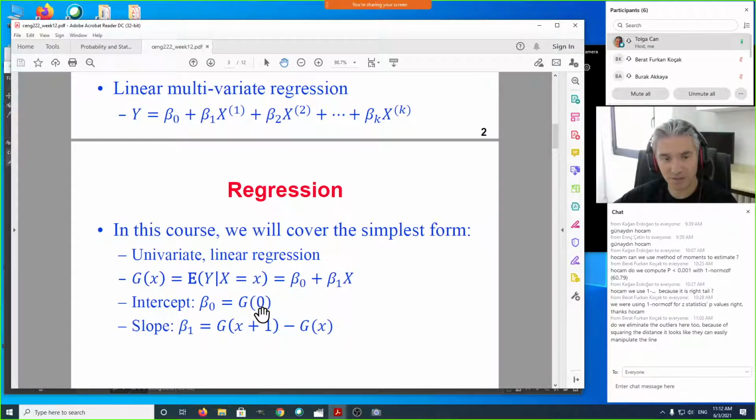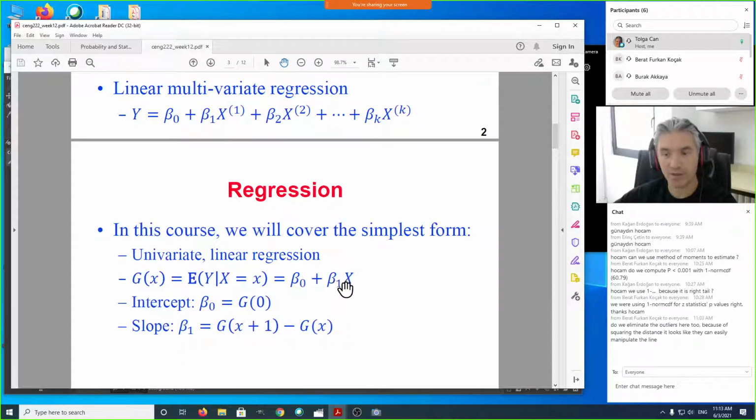It's not possible, right? This is what the meaning of beta 0 is. It's the intercept of this line, like a y is equal to mx plus b type of equation, where b is your intercept and m is the slope of the line.